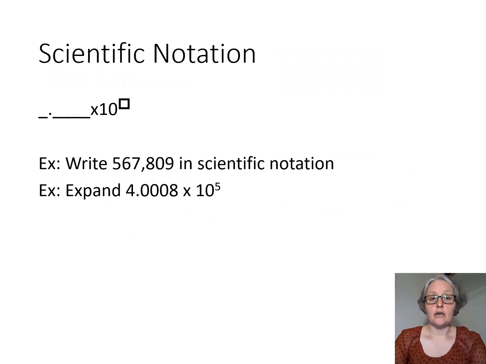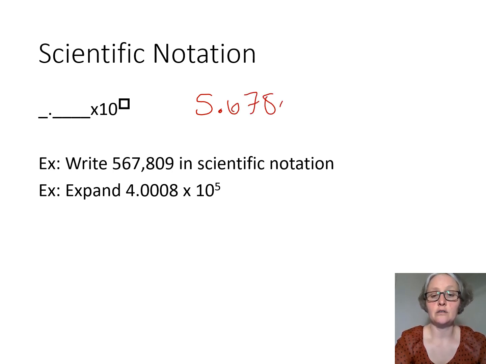Make sure that you can write numbers in scientific notation. Scientific notation always fits the form one number in the ones column, decimal point, everything else, times 10 to some power. For example, if we do these two examples, write the number 567,809 in scientific notation, we would rewrite this as 5 decimal, everything else, 67809, times 10 to some power.